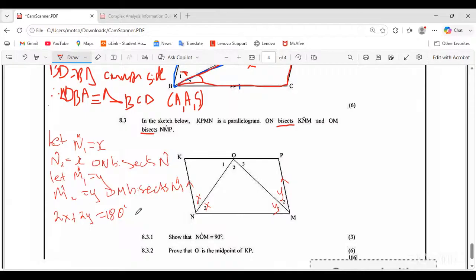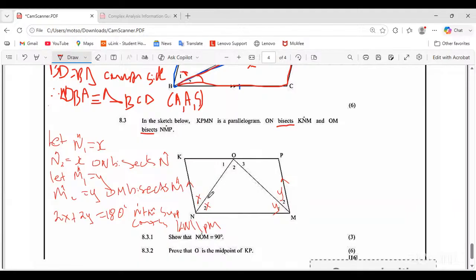Why? Because N plus M are supplementary, and then you say cointerior angles. Why? Because KN is parallel to PM.